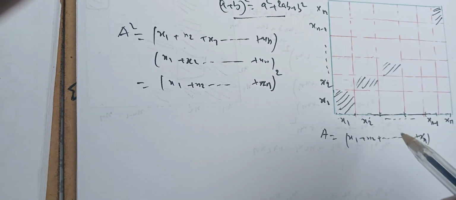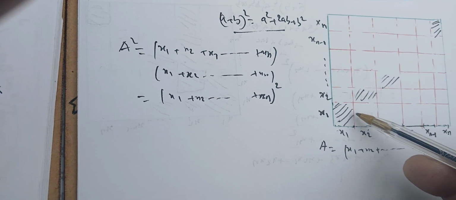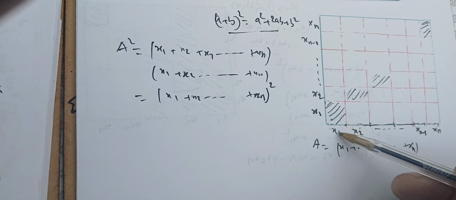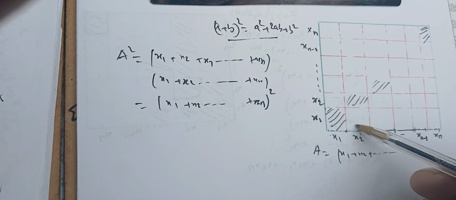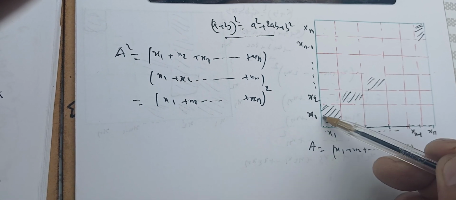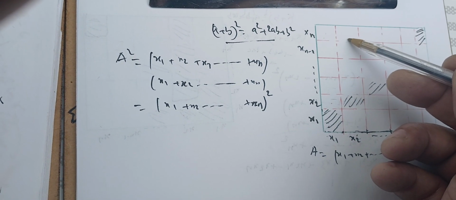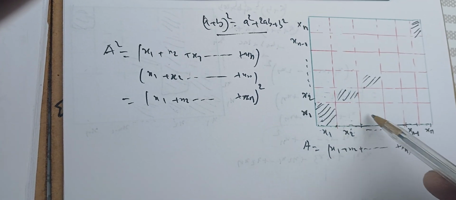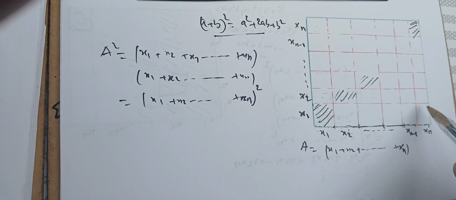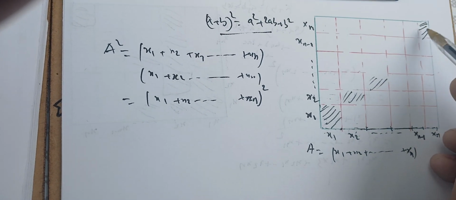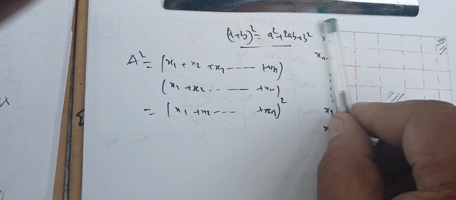If we just fix x1 and keep multiplying, the area of this rectangle is going to be x1 times x1 plus x1 times x2 plus x1 times x3 plus x1 times xn, and we move to the next rectangle, so it's going to be x2 times x1 plus x2 times x2 plus x2 times x3 plus the last one, which is x2 times xn, and etc. until we get the last one, which has area xn times x1 plus xn times x2 plus xn times x3 plus the last one, which is xn times xn. So this is one way we can sum up these rectangles.